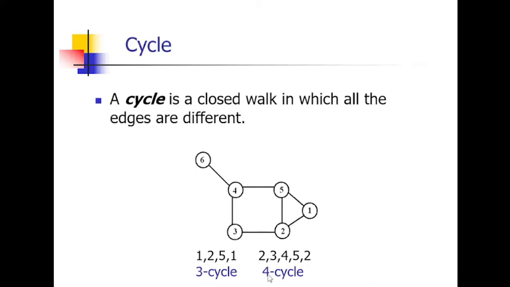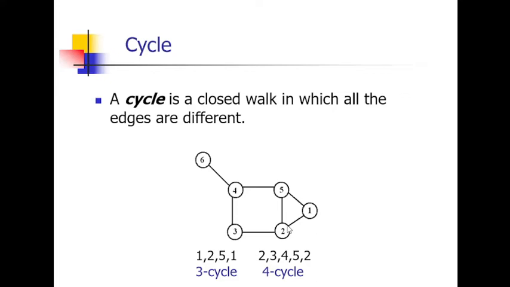Now what is a cycle? A cycle is a closed walk with one extra condition. A cycle is a closed walk in which all the edges are different. Look, it talked about edges. Edges should be different, but nothing was said about nodes. Okay. So what is the concept of a cycle?